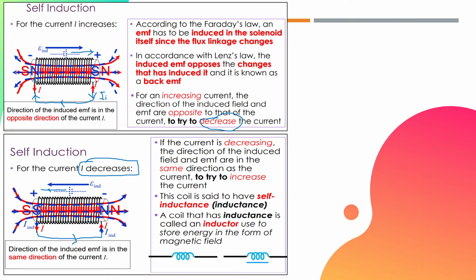So if we try to reduce the current, the induced current will try to increase it. The direction of the induced current should be in the same direction as the original current.